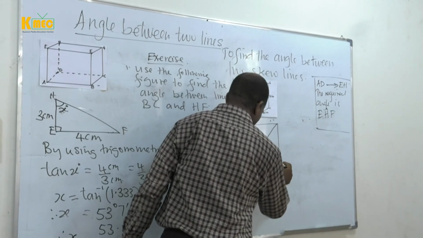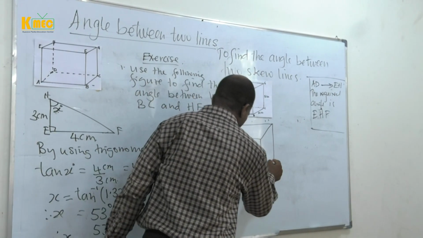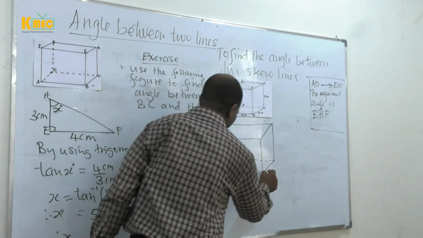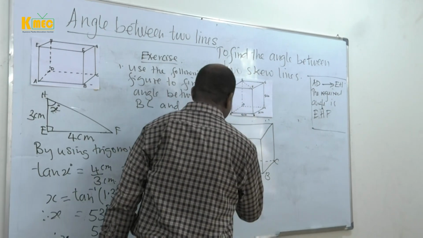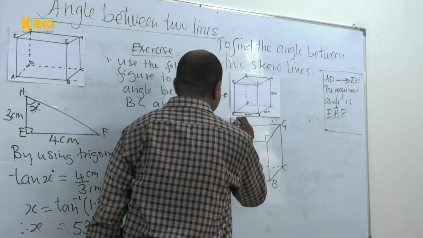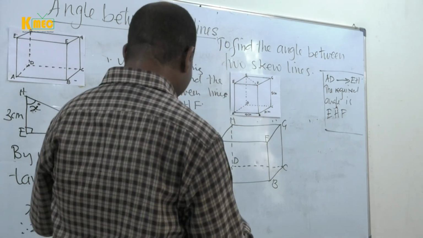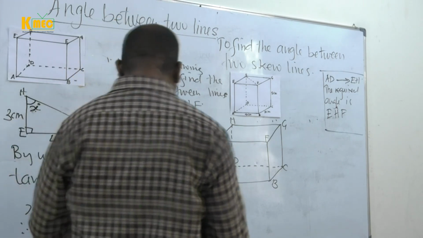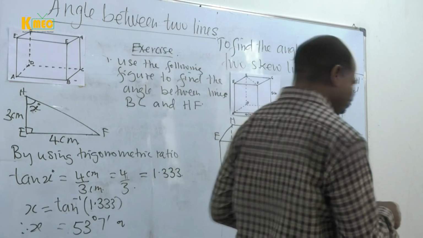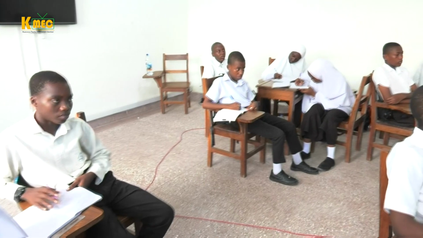You see? Good. A, B, C, D, E, F, G, H. And the length AB is still 3 centimeters.